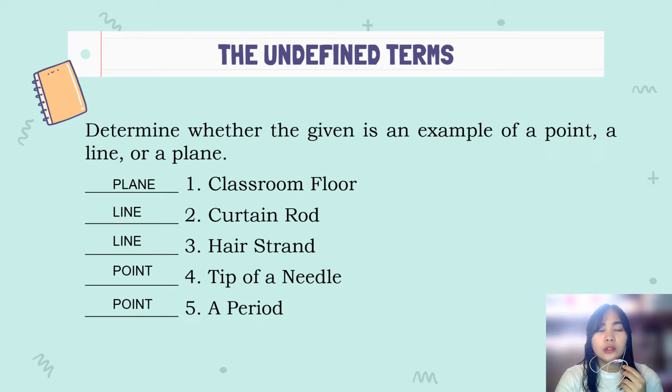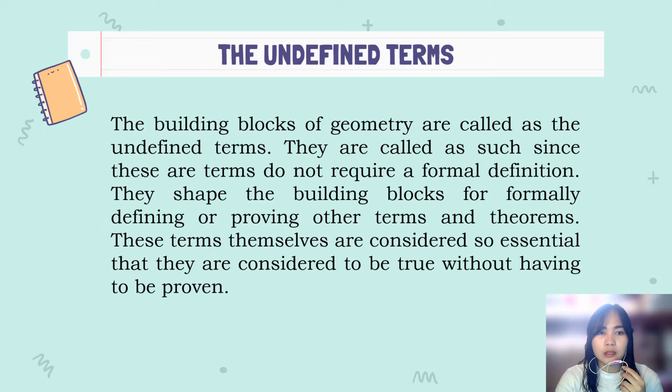Now, what do you mean by undefined terms? The undefined terms are the building blocks of geometry. They are called as such since these terms do not require a formal definition. They form the building blocks for formally defining or proving other terms and theorems.